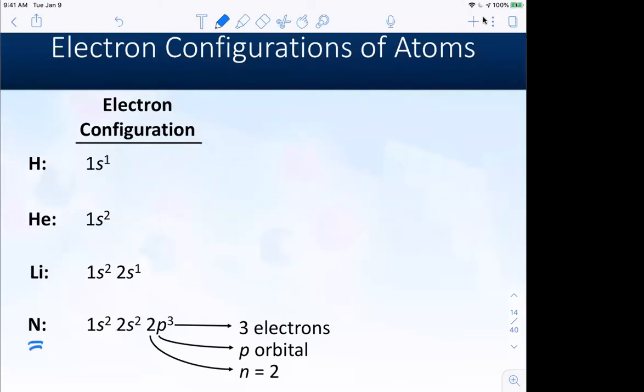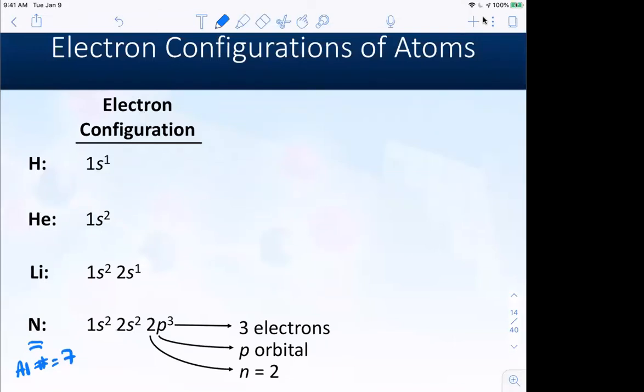Nitrogen has an atomic number of 7, right? I have 7 electrons that I need to populate. I'm going to fill up row 1. Nitrogen is in row 2, so I know that I'm in my second subshell, or second energy level.